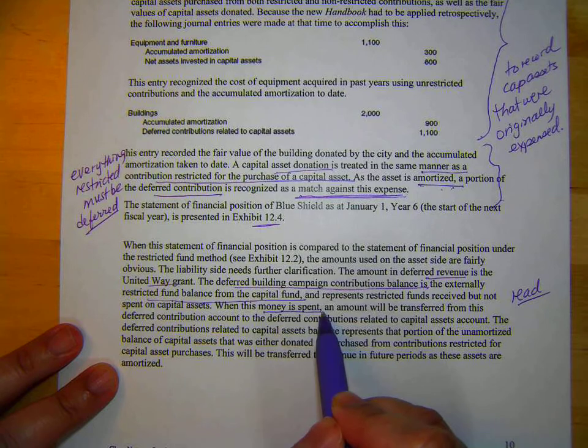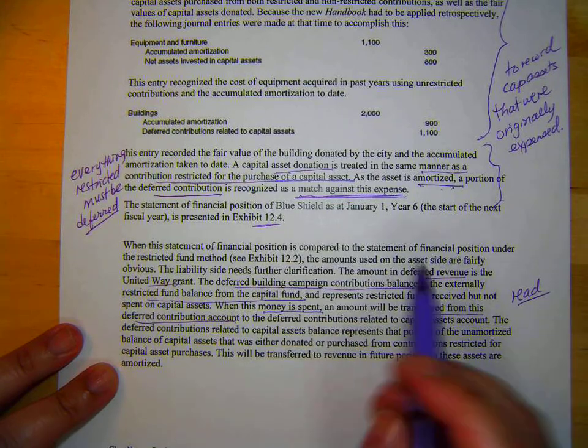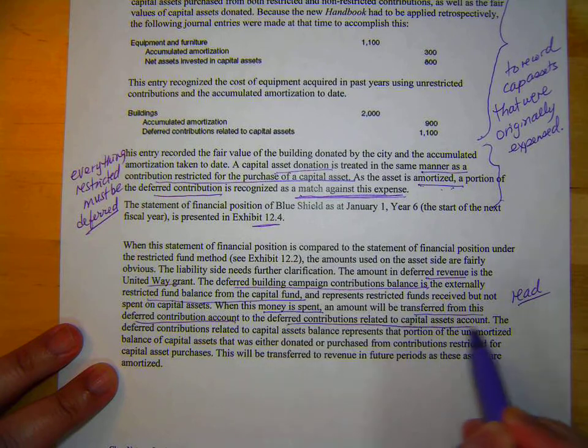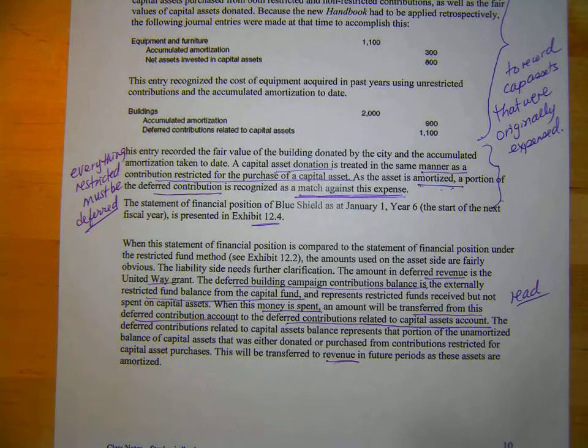When the money is spent, an amount will be transferred from the deferred contribution to deferred contributions related to capital assets account. So this does get a little confusing. And then eventually it's transferred to revenue. Too many words there. Once we do the example, it'll make sense.